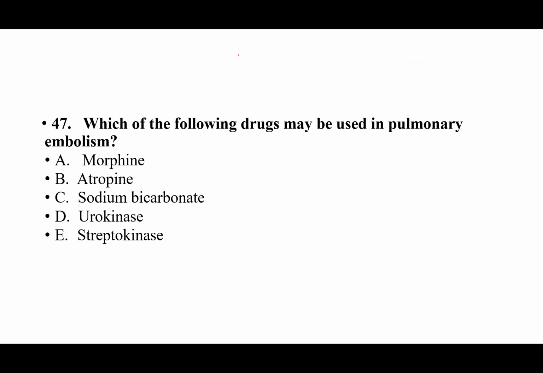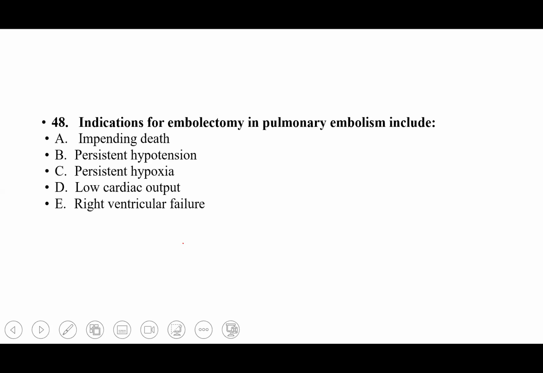Which of the following drugs will be used in pulmonary embolism? You see that? Questions are coming. Streptokinase. All of these can be used. Morphine too can be used. So go and read on the principles of management of pulmonary embolism.